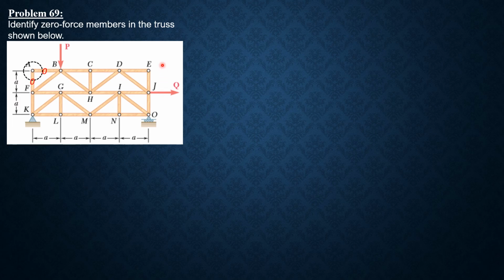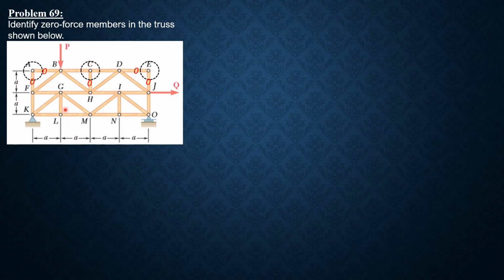Then another joint that falls in case 1 is joint E. So automatically DE and EJ would be 0. Then we cannot find case 1 anymore, but we have case 2. So at joint C, BC and CD are collinear, automatically CH is 0.